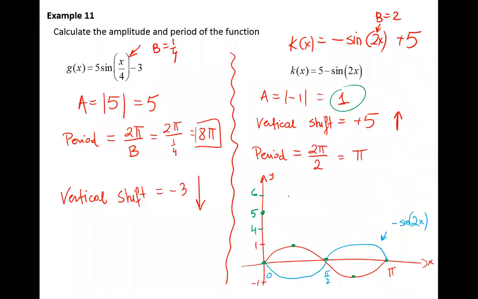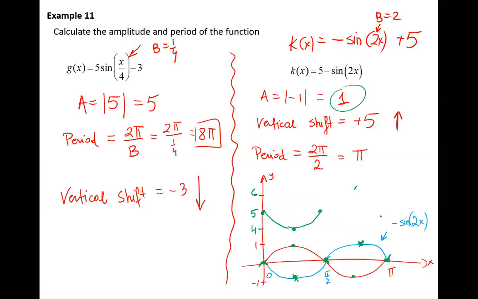This is my good point. Let me put x's. I have to shift that point, I have to shift this point, and on the blue, I have to shift this point and that point.